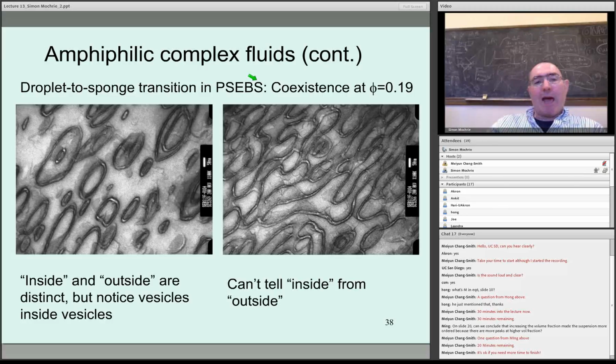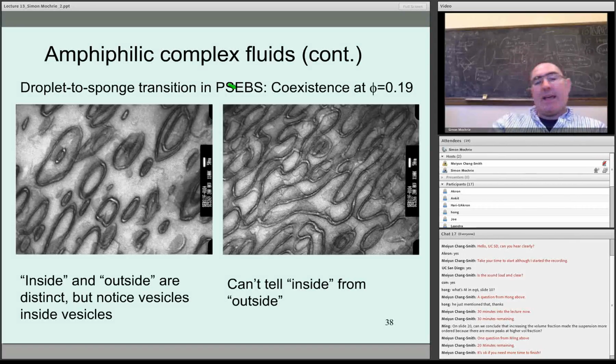And in fact, what happens is that depending on the amount of polystyrene that you have compared to the amount of ethylene butylene that you have, and what we do to change the amount of polystyrene is we dissolve this tri-block in a polystyrene homopolymer. And so one can think perhaps of the polystyrene homopolymer as being the solution that these amphiphilic molecules, the SEBS, are dissolved in.